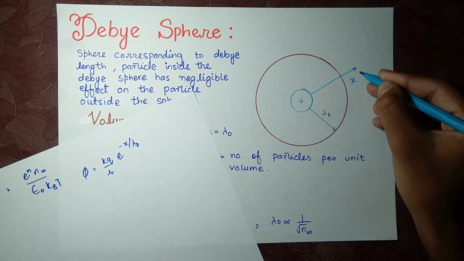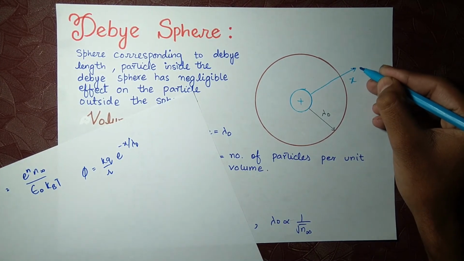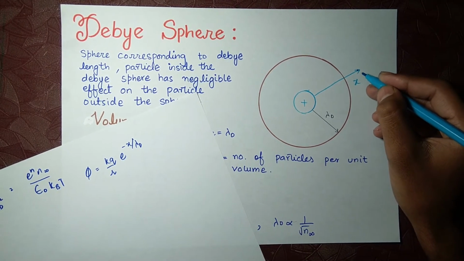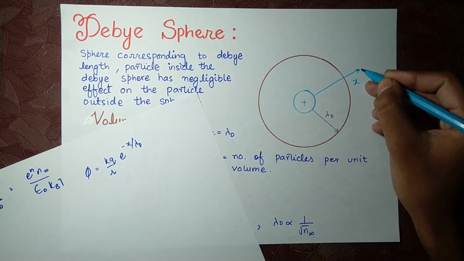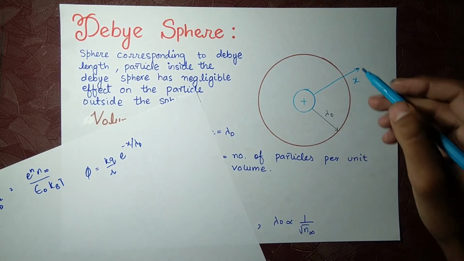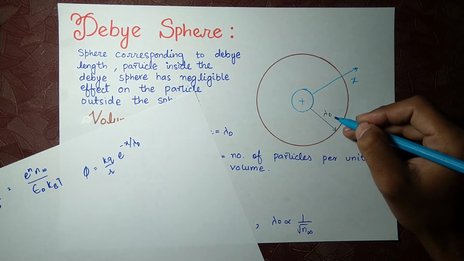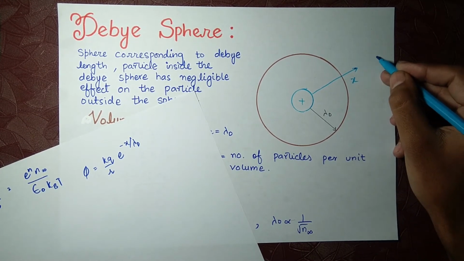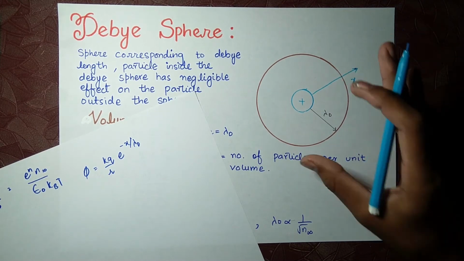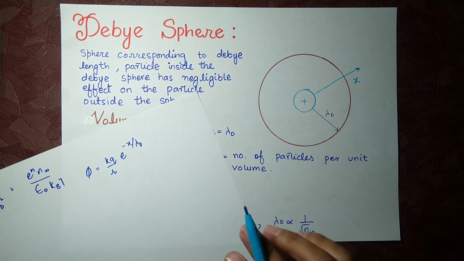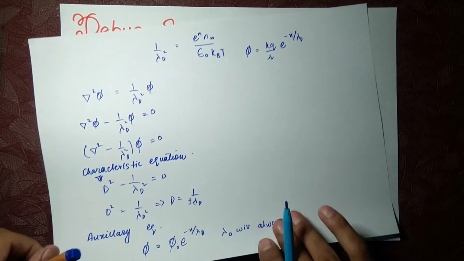Our particle is lying outside. You can make it further away from here, but I'm making it here so you can understand. This particle is here, x is outside the sphere. Let's see when x is much greater than lambda D, or you can say far from this sphere, then what will be the case for this potential? Let's see.